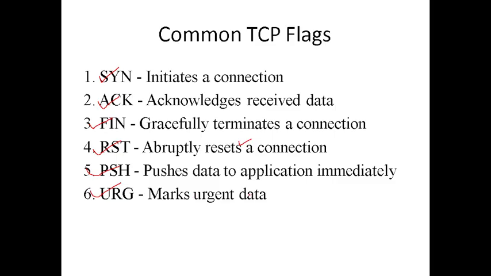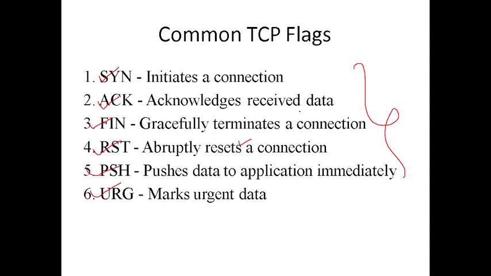Whenever you are transmitting data, if you feel that some packets are high priority, you can attach this urgent tag, and the urgent pointer will push the data immediately without waiting in the sequence. So these are a few flags that normally control the flow of data during data transmission.